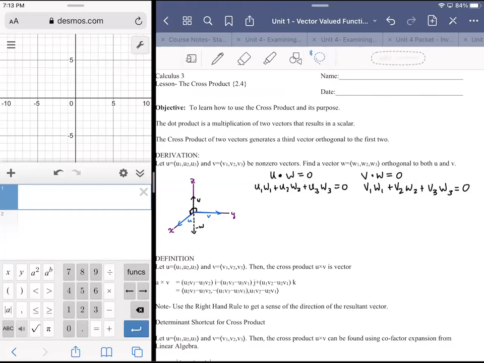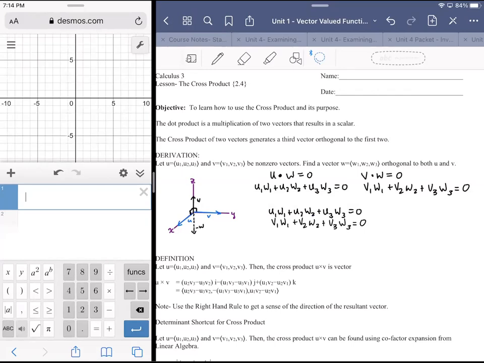What you could do is use some kind of elimination, stack your two equations and say, let's eliminate a variable here. You decide which variable you want to eliminate, and then go from there. You might say, let's get rid of W3.